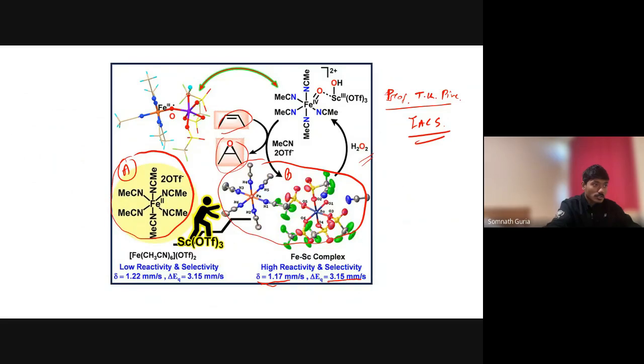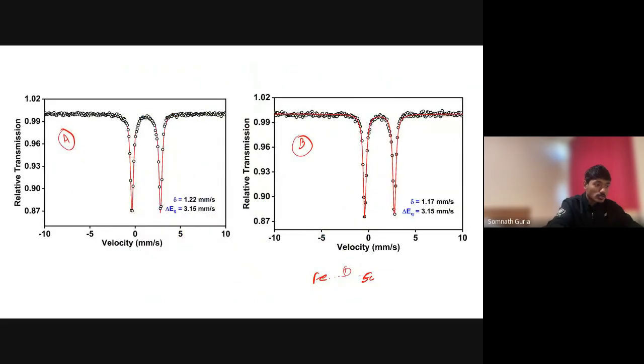Scandium triflate. This actually acts as a Lewis acid, and then there will be interaction with scandium, and that will reflect on the delta value because some electron density is distributed in the presence of the scandium.